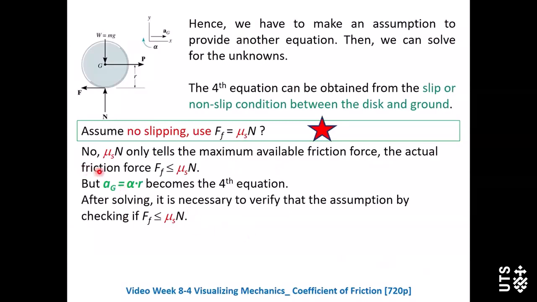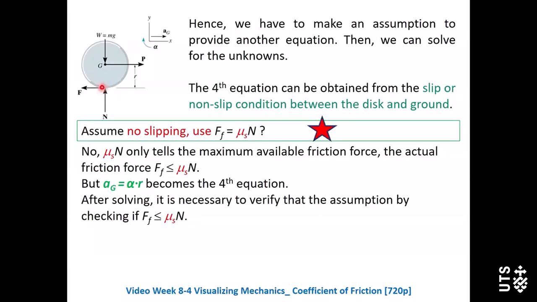But here, because of no slipping, the contact point between this rolling rigid body and the contact surface will be the IC point.